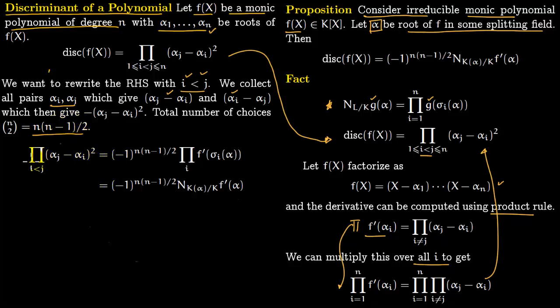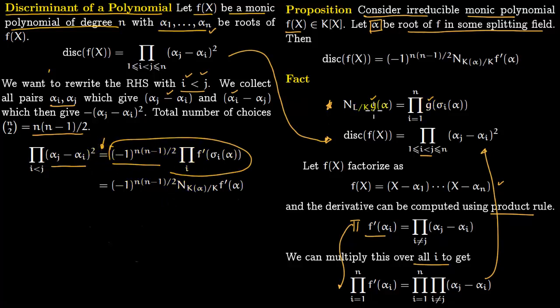So this will become a square if you raise it to the power minus 1 to the n times n minus 1 by 2, and this product you can write like this now. So that is it. We have shown this, and now this equality just follows from here.